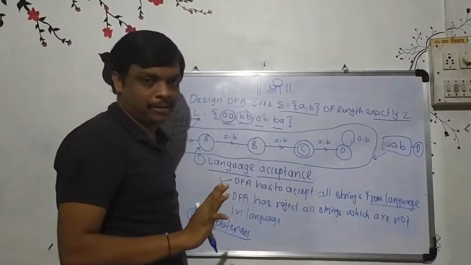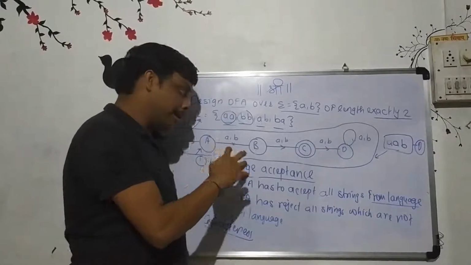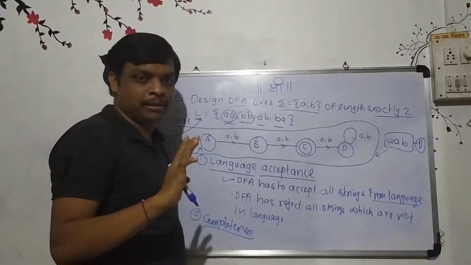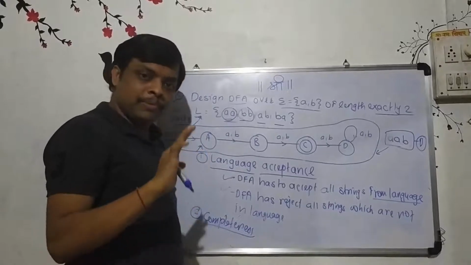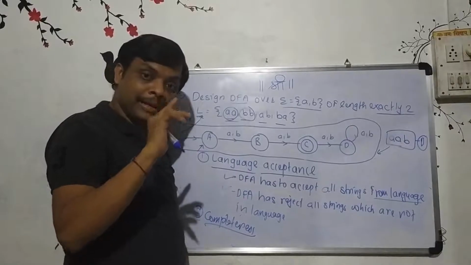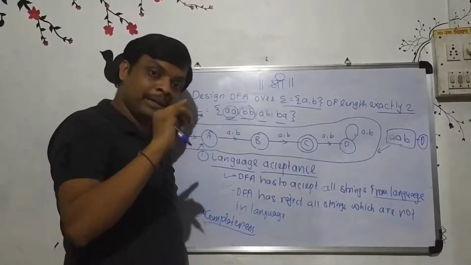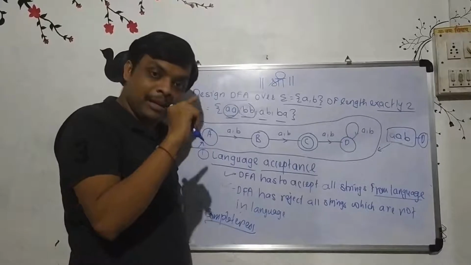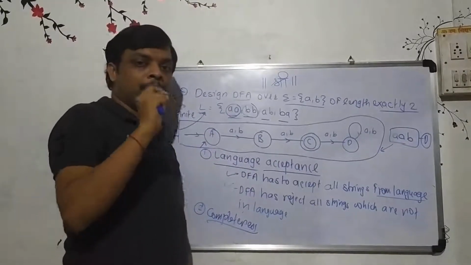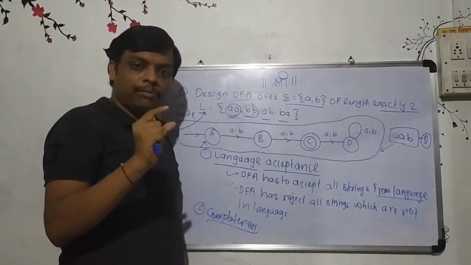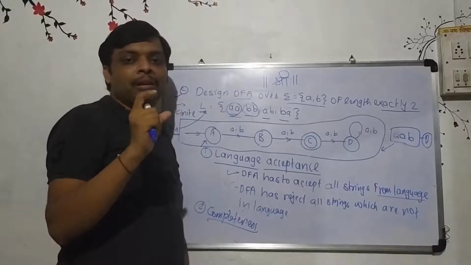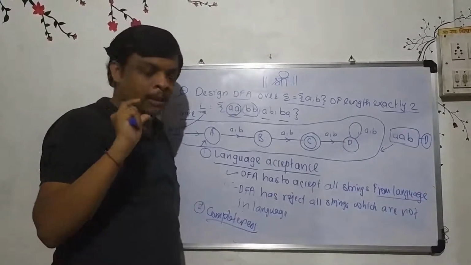Whatever number of states are present in your DFA, from each and every state in your DFA, there must be a path for each and every input alphabet. What is the meaning of this statement?